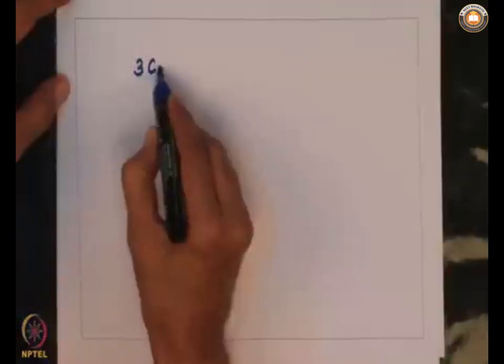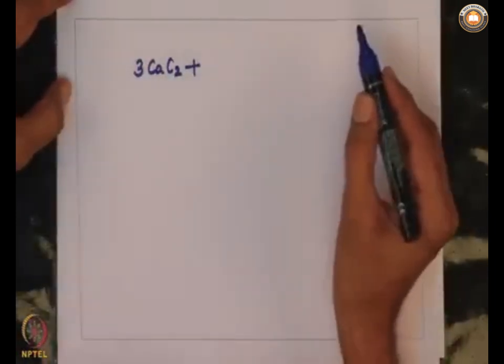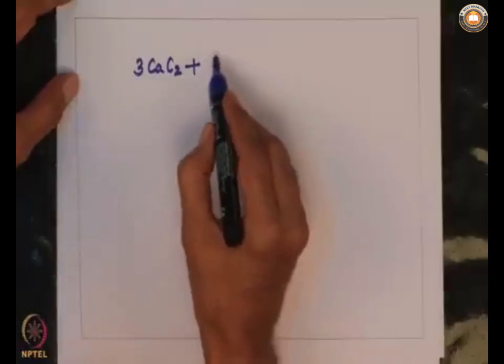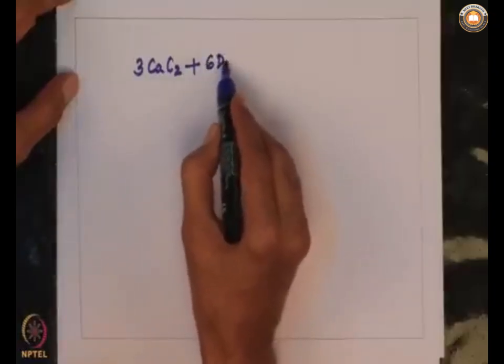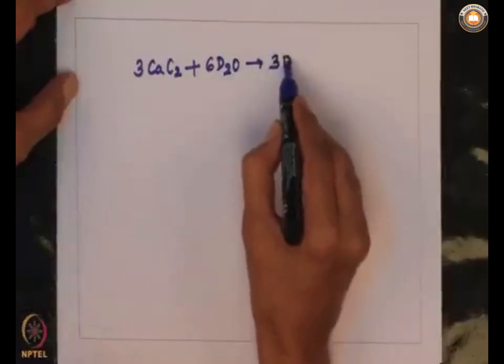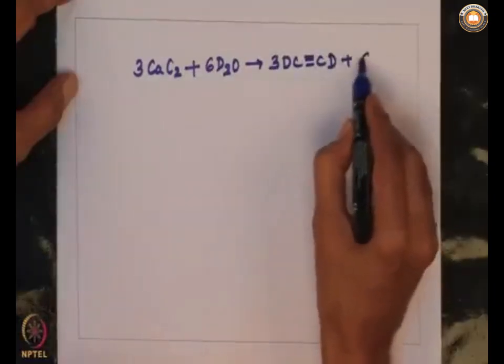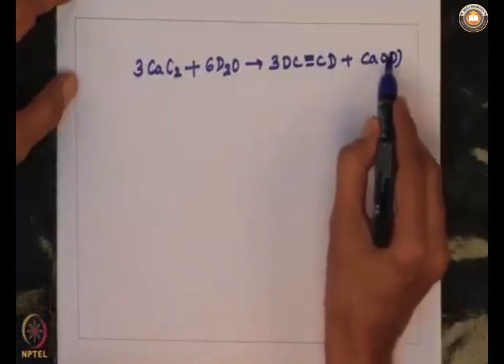If you want to prepare deuterated reagents for some organic synthesis, analysis and other purposes, one can generate them conveniently starting from D2O. For example, calcium carbide. We know that calcium carbide, when it is treated with water, undergoes hydrolysis. So, calcium carbide, when it is treated with D2O, forms deuterated acetylene, of course, along with the formation of calcium hydroxide.